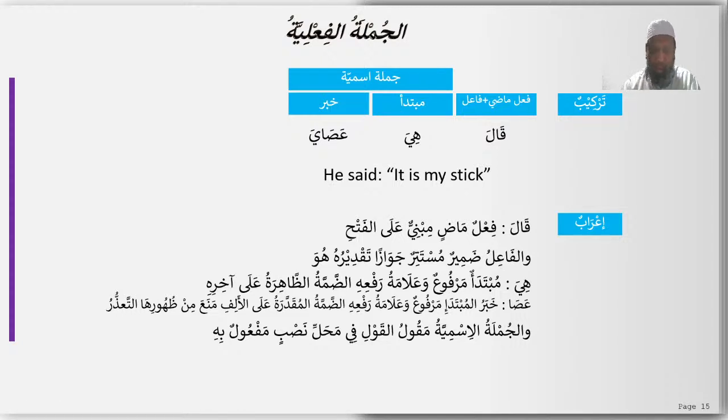Another example in the Quran: قال Isa alayhi salam said قال إني عبد الله. So إني عبد الله, after doing the i'rab, inna and ism of inna, then the khabar of inna, all that will become the jumla ismiya and will become the maqulul qawli.